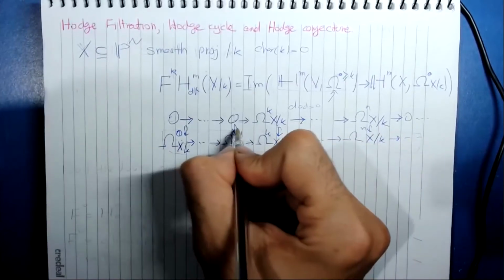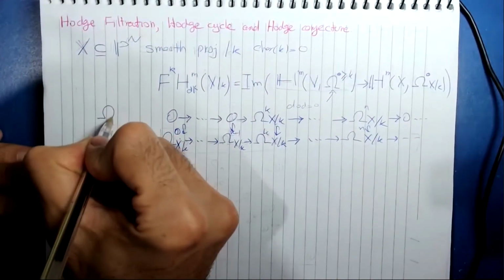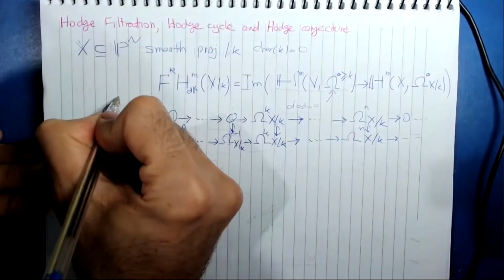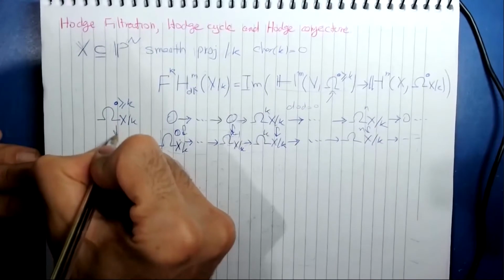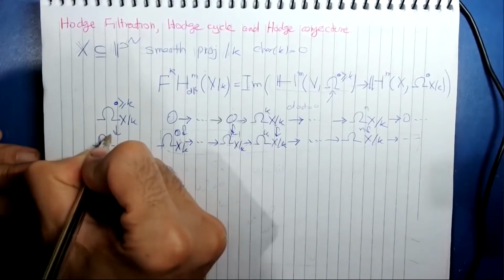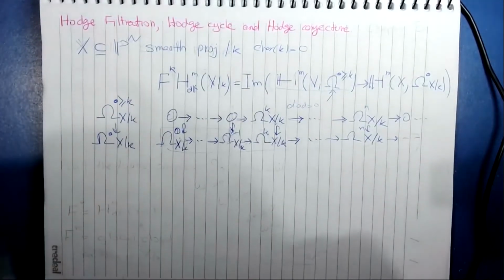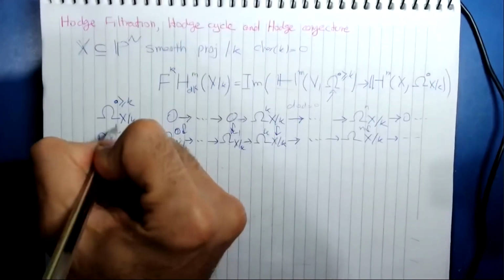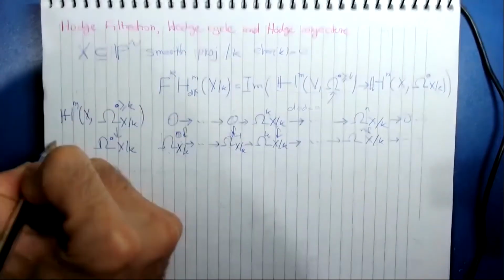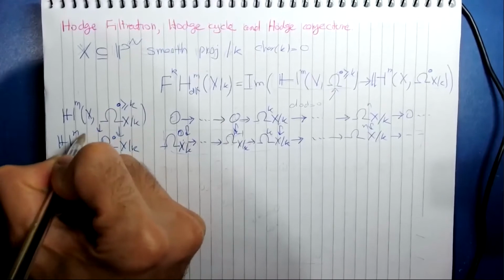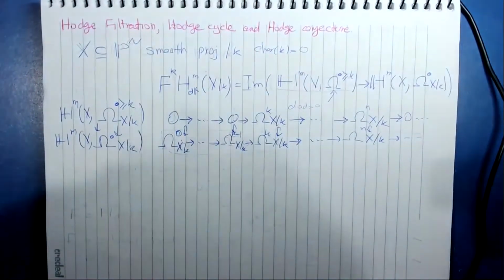These are identity maps, and this is just 0 inside the set of differential forms. We denote this one by Omega^(bullet ≥ k)_X, and the other one is just Omega^bullet_(X/K). It is easy to see that when we have a morphism of complexes, we will have a map on their hyperhomology too. So we have the map from the hyperhomology of this one to here, and F^k is just the image of this map.